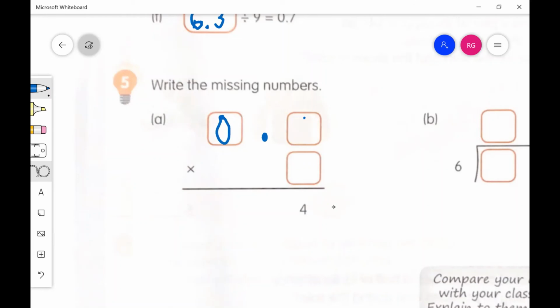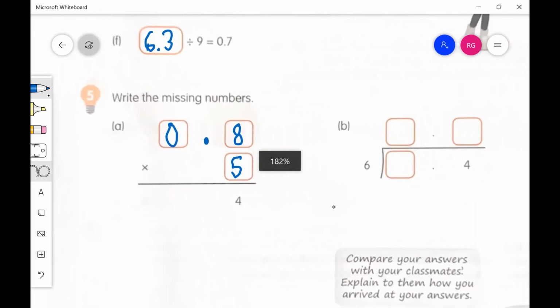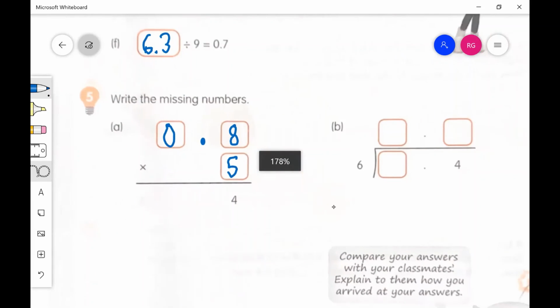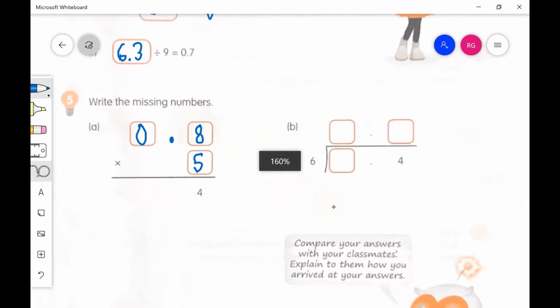What if I said 0.8? 0.8 times 5. Yeah, and that one might be the best one to put. If you put the other ones, I'd probably write a smiley face next to your answer. But this here would be correct for sure. So this is 0.8 times 5, and that works out, right?